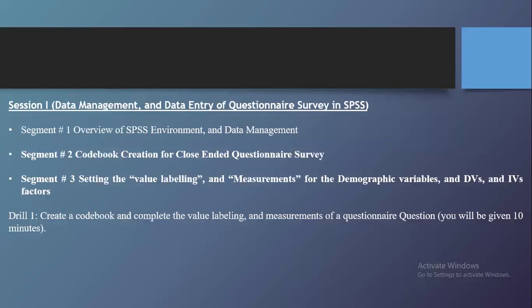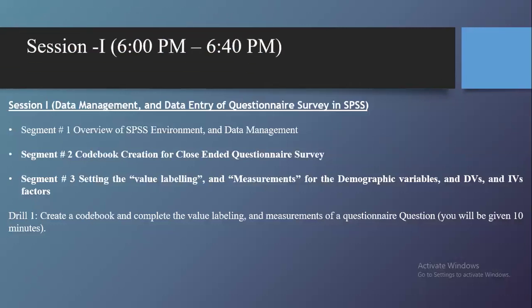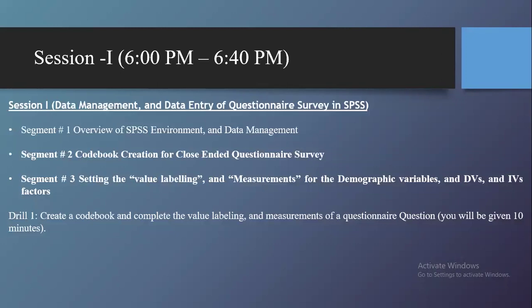so these are the contents of session one. In session one, from 6 p.m. to 6:40 p.m., I would like to tell you about data management and data entry of questionnaire surveys in SPSS. In segment one, I will tell you about the SPSS environment and data management, especially for newcomers.